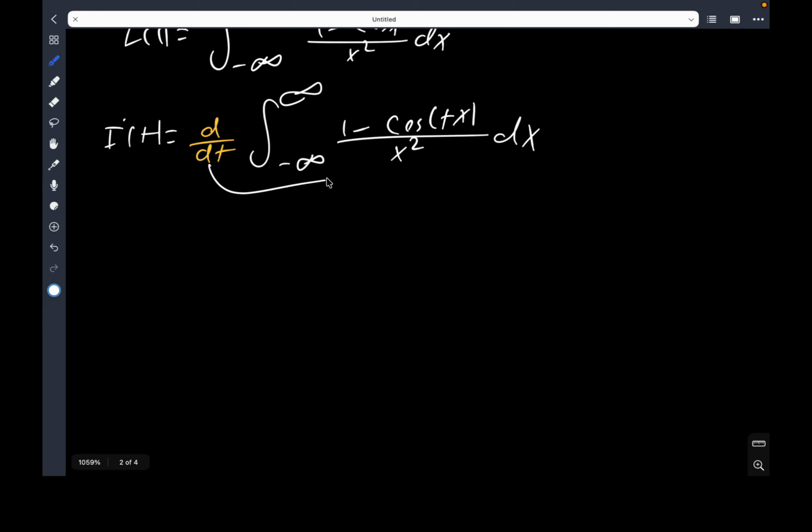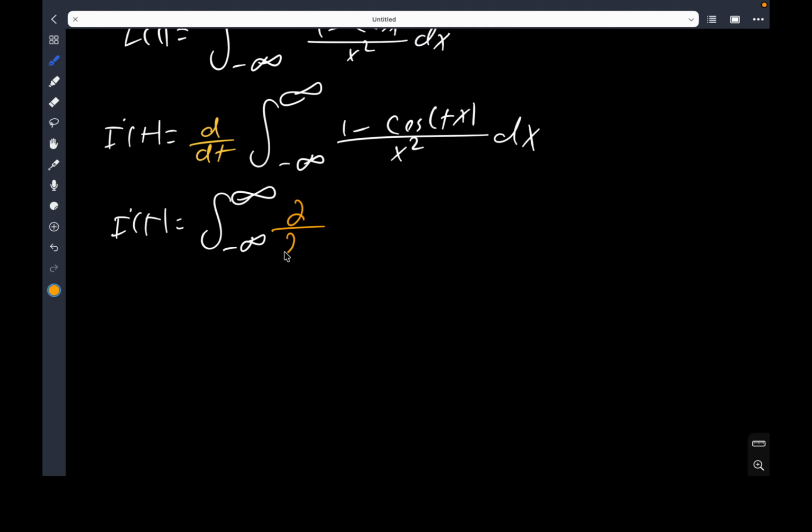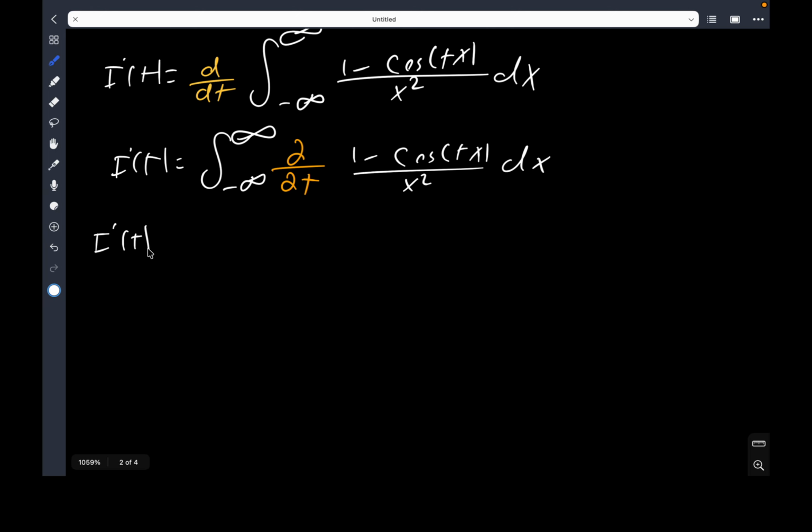And as usual, this derivative is going to move inside and become a partial derivative, partial t of 1 minus cosine of tx over x squared dx. I prime of t is therefore, so this term is constant, only this term is variable.